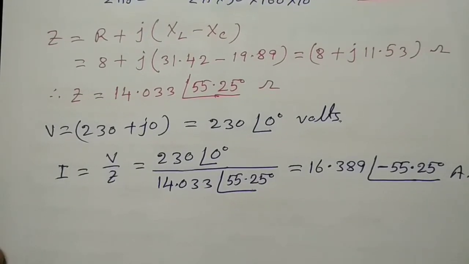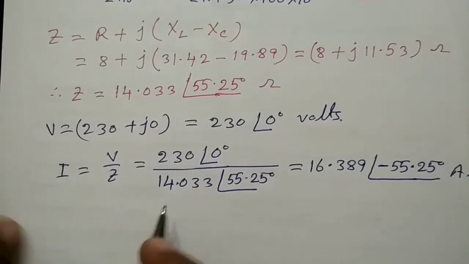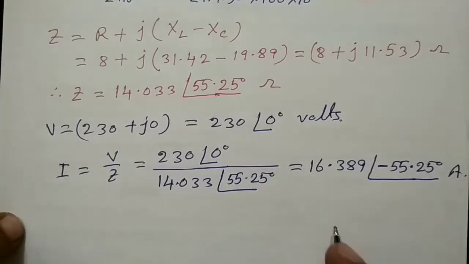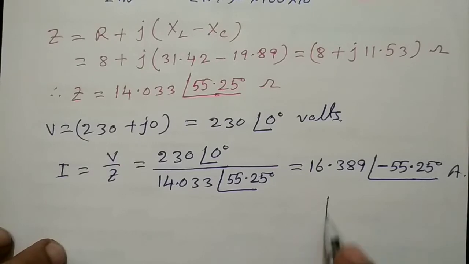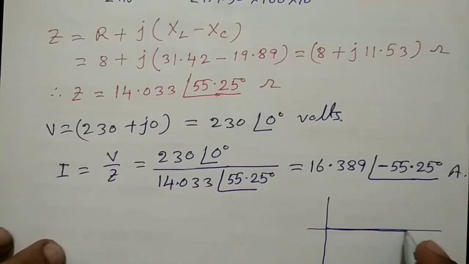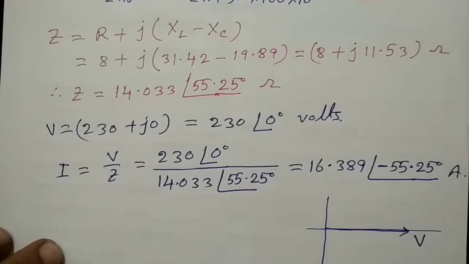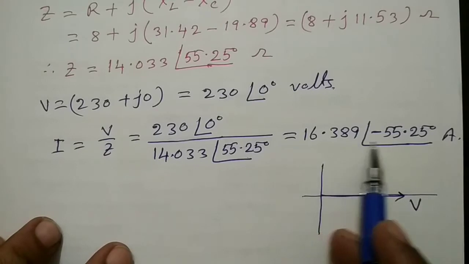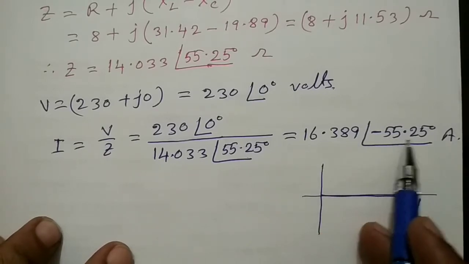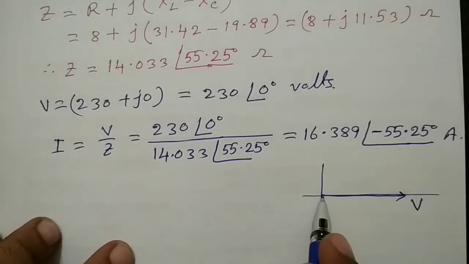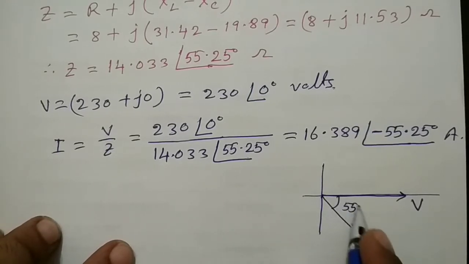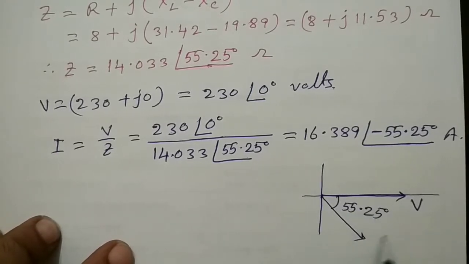So the power factor will be, as we can see that the voltage is 230 angle 0 degree. So in the phasor diagram, the voltage will be in the reference line and the current is the RMS value of the current, and this is the phase angle minus 55.25 degree. So the current will lag the voltage by the angle of 55.25 degree.